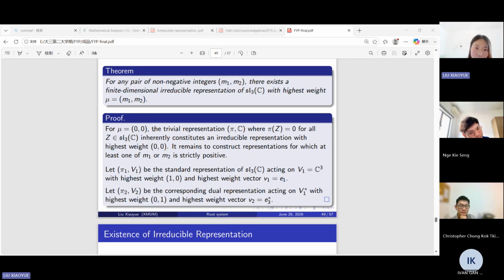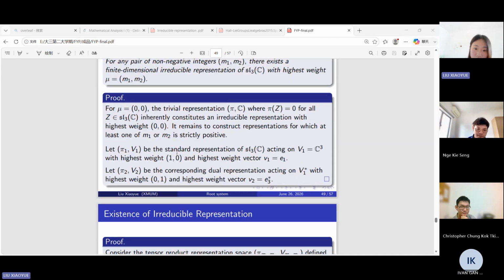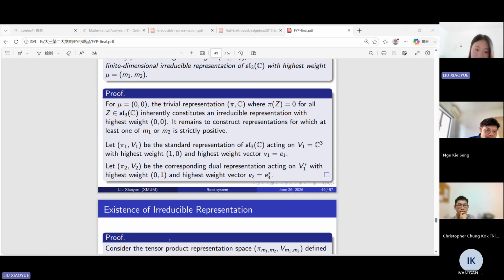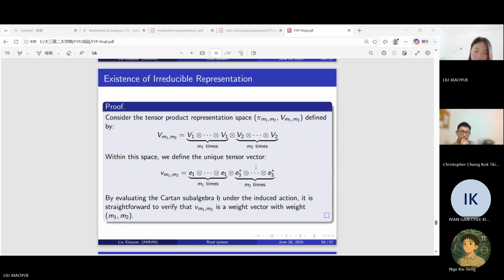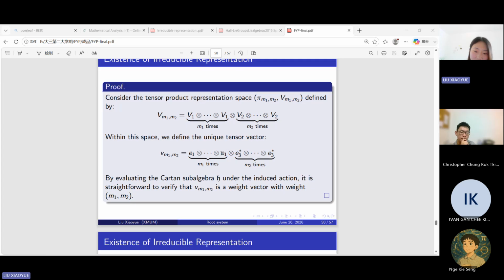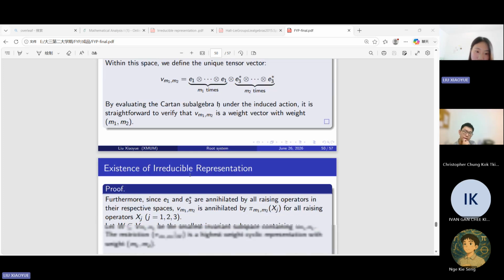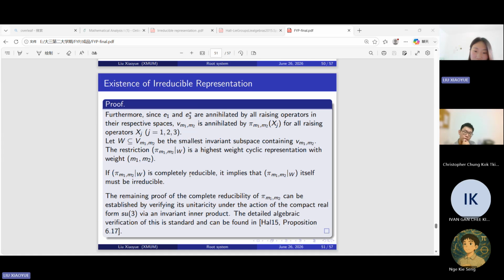And for at least one m_i not equal to 0, we construct the tensor product representation from the standard representation and the dual representation. Then we can verify that this vector is the weight vector with weight m1 and m2.